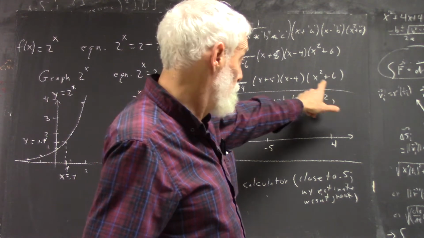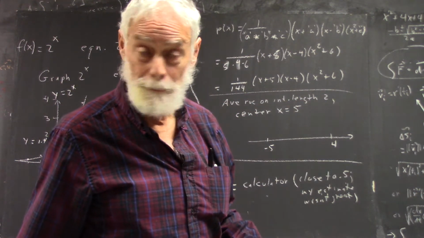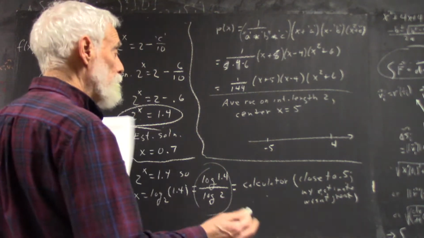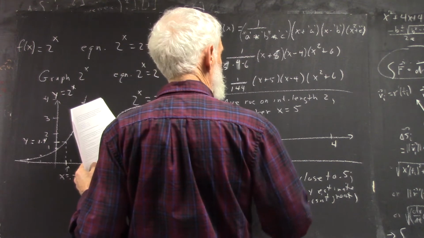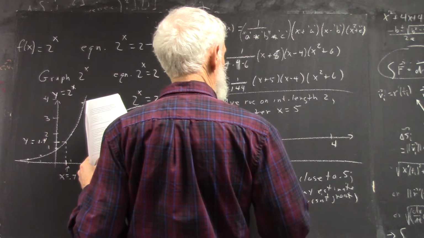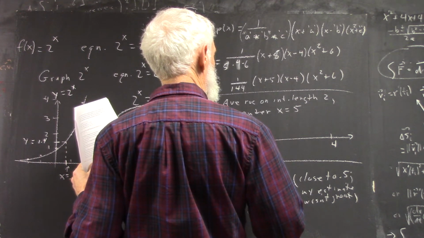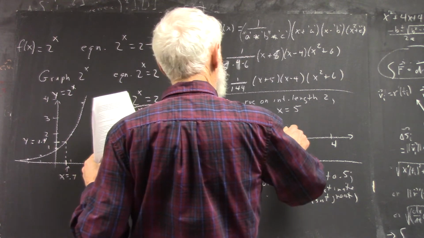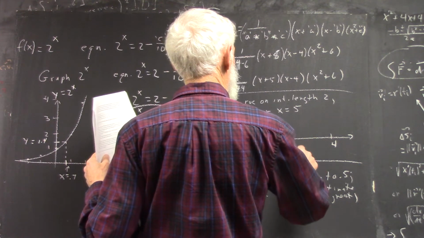Now in the case you get, you might not have a square there, okay? You might have something else, okay? But in this case, those are the zeros, and between -5 and 4, yeah, you have positive, negative, positive, which gives you a negative.